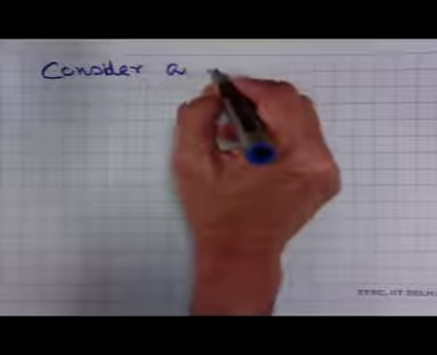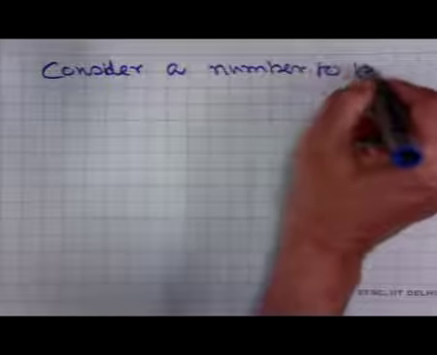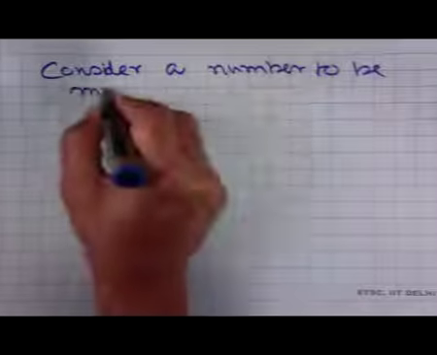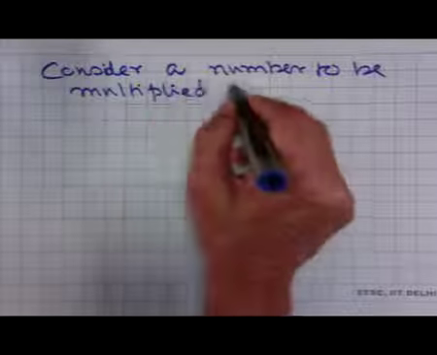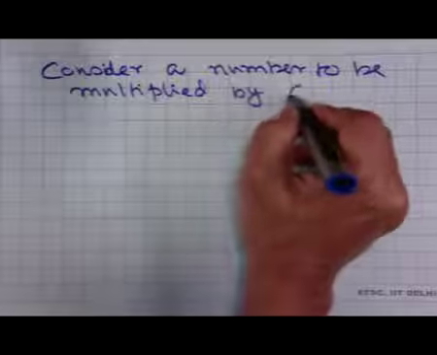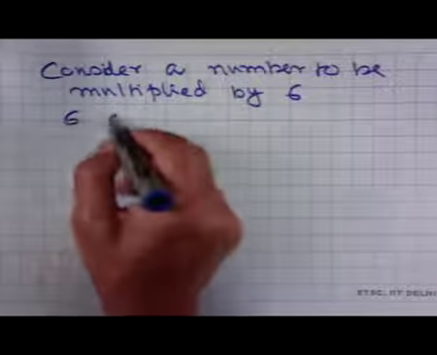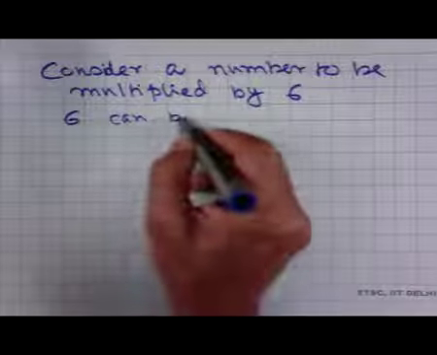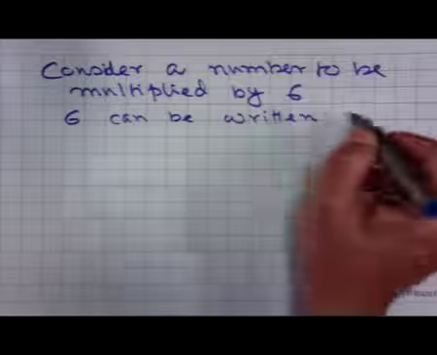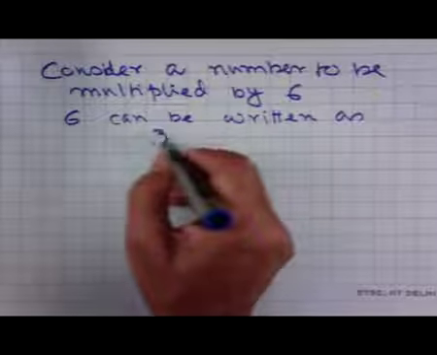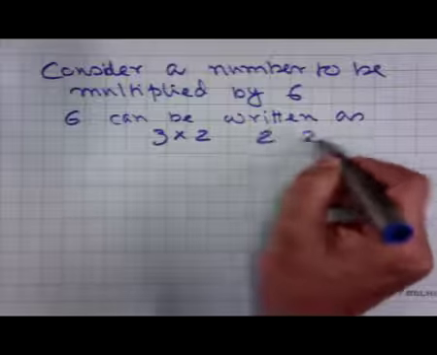Now, consider a number to be multiplied by 6. Now, 6 we can write as 3 into 2 and 2 into 3.